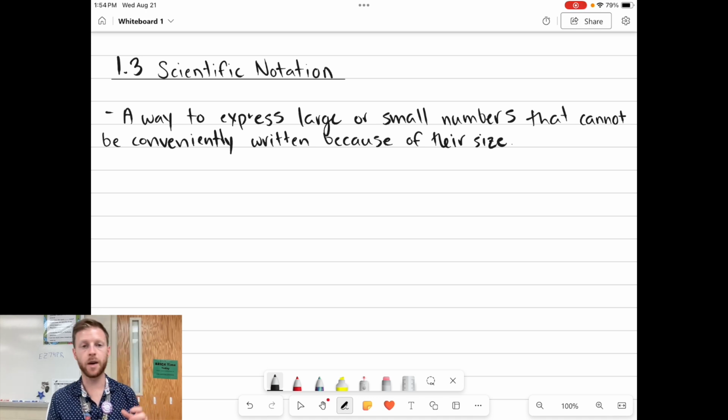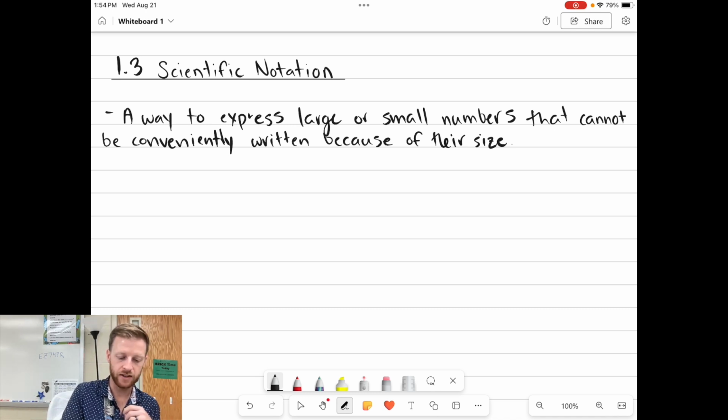So essentially, the numbers are so large that we're writing out like 20 zeros, or we just have a bunch of random digits, and it's honestly not convenient or easy to write out. So instead, what we do is we decide to write them in a condensed fashion.